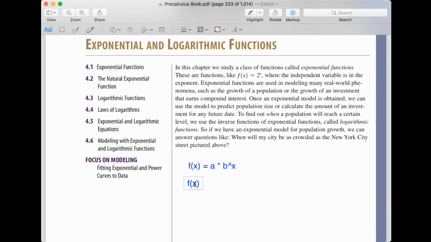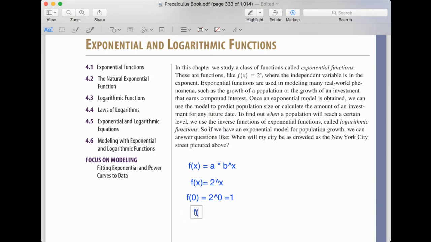Remember, maybe you have learned doubling time and halving time in statistics class. We have 2 raised to x. This is an exponential function. Let's give some values. F of 0 equals 2 to the 0, and anything raised to 0 is 1.